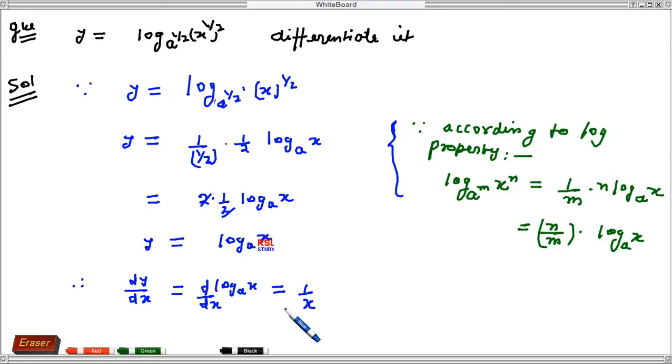Now we will differentiate it with respect to x, then we will get 1 by x, because d/dx of log x is 1 by x, irrespective of the base of that log. So d/dx of log x is 1 by x. So that is the answer.